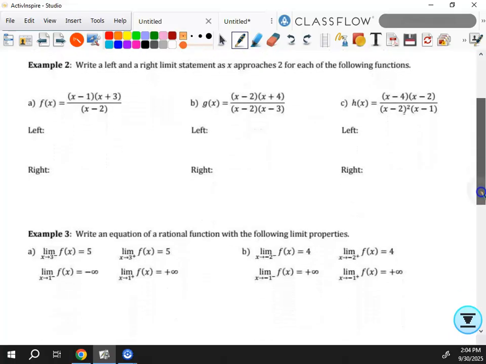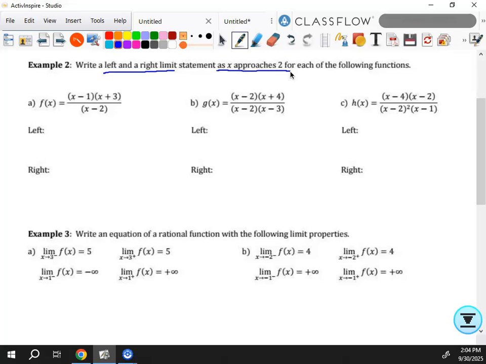So this says left and right limit statements. Now, we talked about left and right end behavior. That's when we're heading to infinities. We're not heading to infinity here. I do have left and right limits, but it says as x approaches 2.